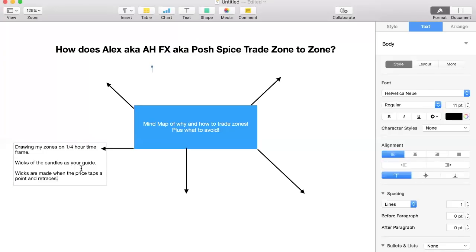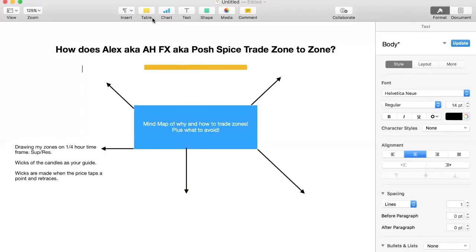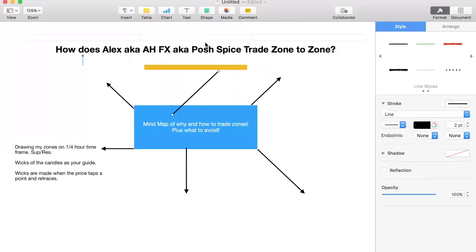Essentially, you just want to draw your sup and res, support and resistance, on 1 hour and 4 hour, and draw a box just like this across wicks of candles. It might be orange, for example, whatever color that is, and it might look like this.